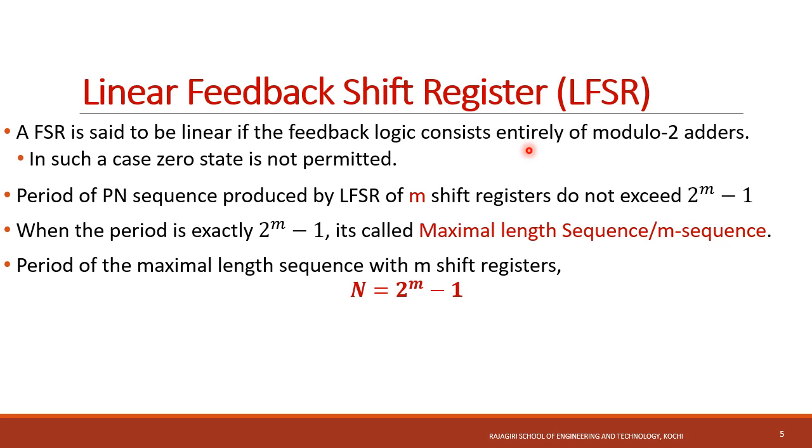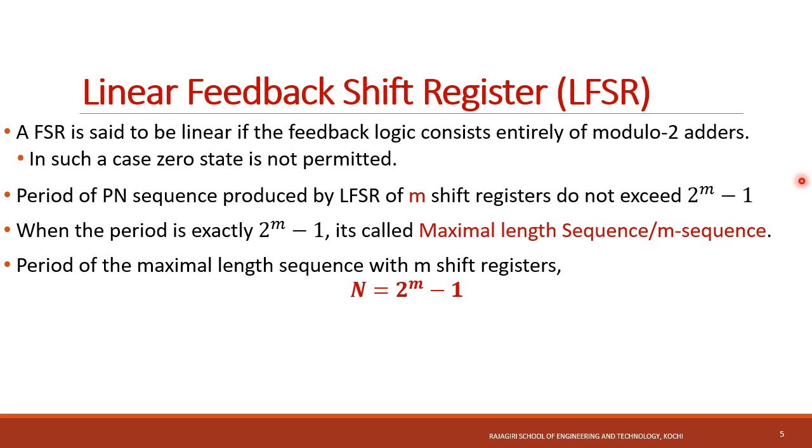If the feedback logic consists entirely of modulo 2 adders, then the shift register is said to be a linear feedback shift register. In such a case, the all-zero state will not be permitted, because if it enters the zero state, then the shift register continues to be in the zero state.